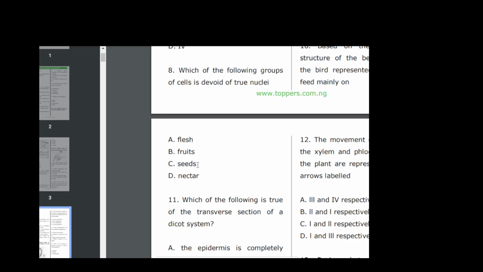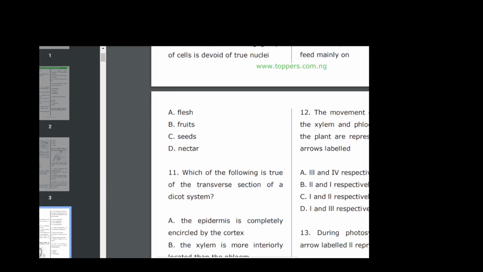The beak of the nutcracker looks like an actual nutcracker. So they put the nut in the middle of the beaks, and then they crack it. And it is not for sucking nectar. So it is for what? For flesh eating.